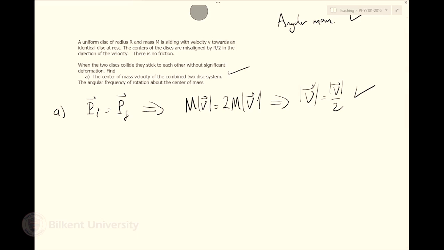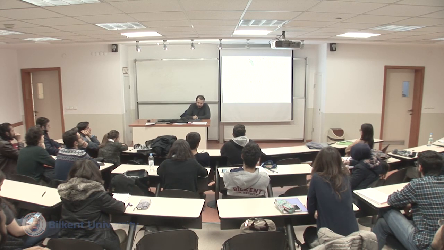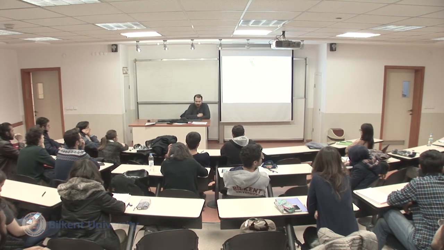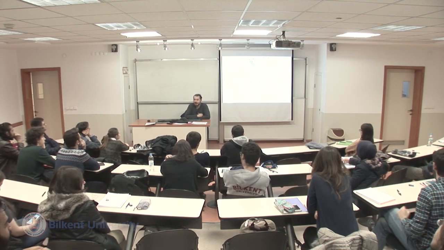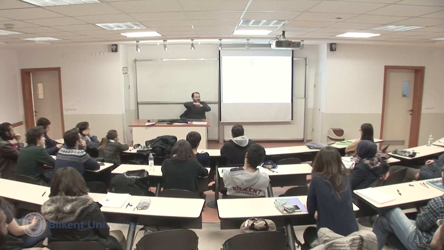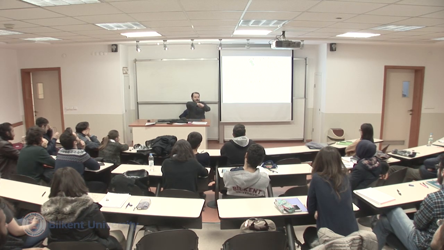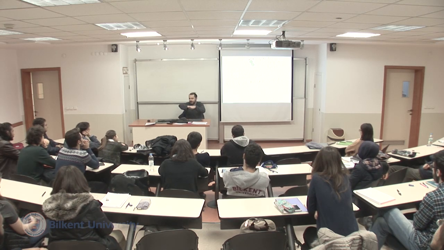Now we have to think about part B. We have already found, yes? You're right. The center of mass velocity of the combined two-disk system, and that's exactly what we have. I can see it in your eyes that you're confused. There are these two objects, both doing a translation motion. They are also doing rotation.